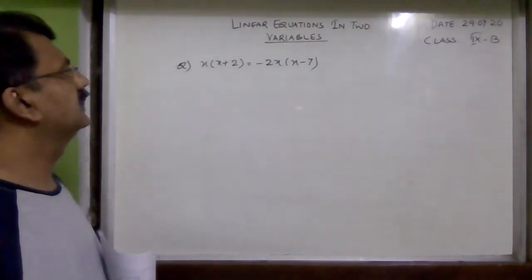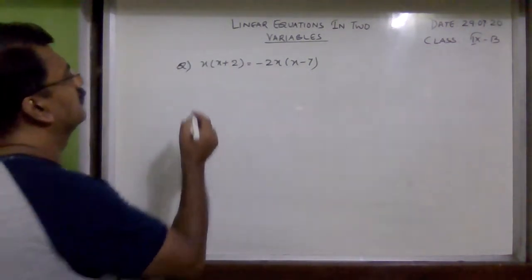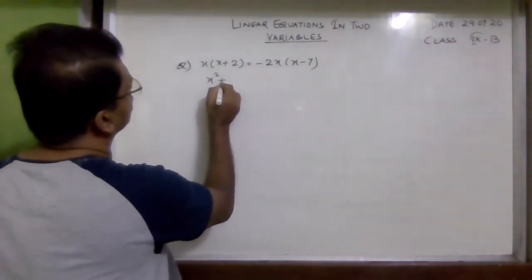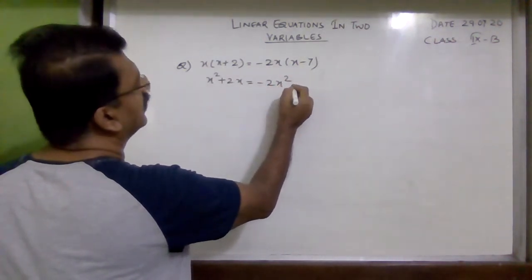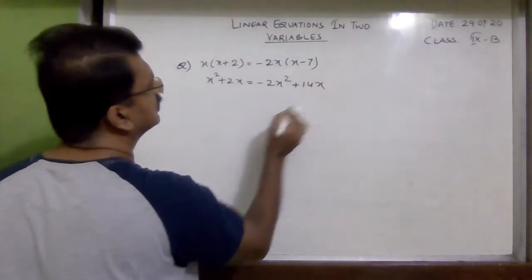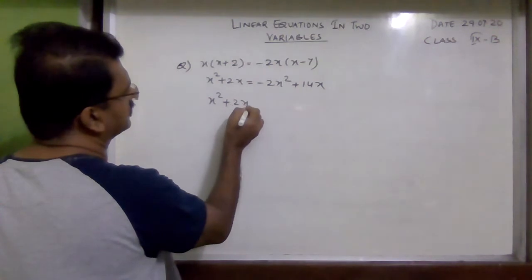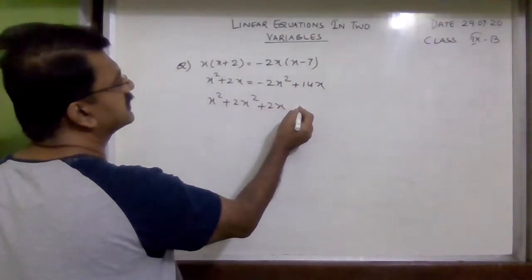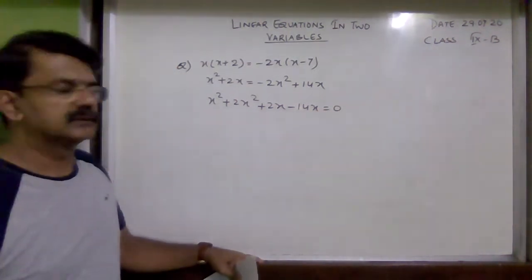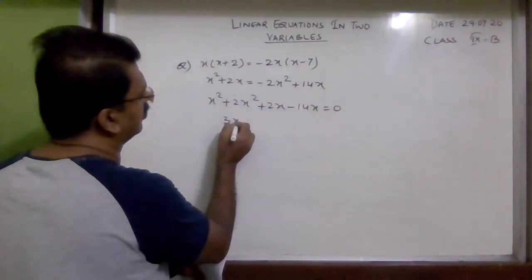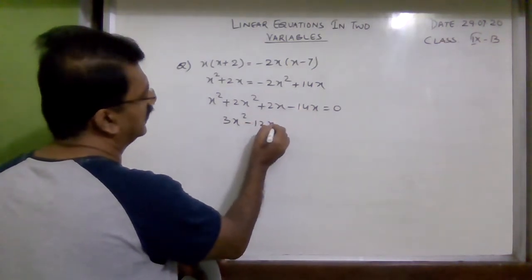For that, first of all, you open the brackets, means x square plus 2x is equal to minus 2x square plus 14x. Now if we shift it to this side, x square plus 2x square plus 2x minus 14x is equal to 0. So it is 3x square plus 2x minus 14x will be minus 12x is equal to 0.